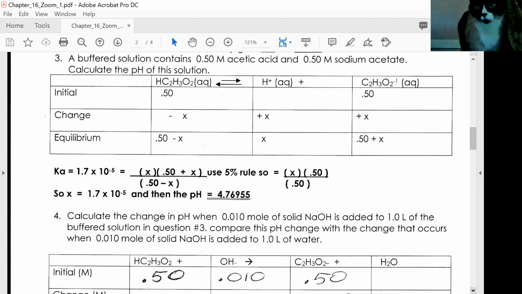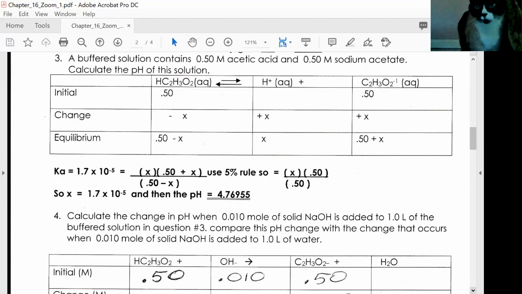This is acetic acid. It has a Ka of 1.7 times 10 to the minus 5. That's going to be equal to x times 0.50 plus x over 0.50 minus x. So we get all of that from our equilibrium row on our ice table.